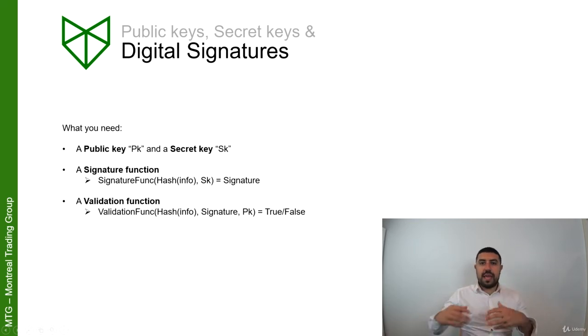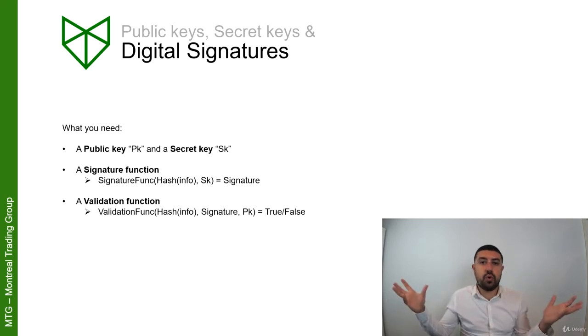Now, when somebody else sees your signature, how can he know? Because the signature is, again, a series of code. How can he know this is actually your signature? Well, there's something called the validation function. And the validation function actually takes in three variables. It takes in one, the hash of the information. So again, if I send $5 to Omid, we do the hash of that.